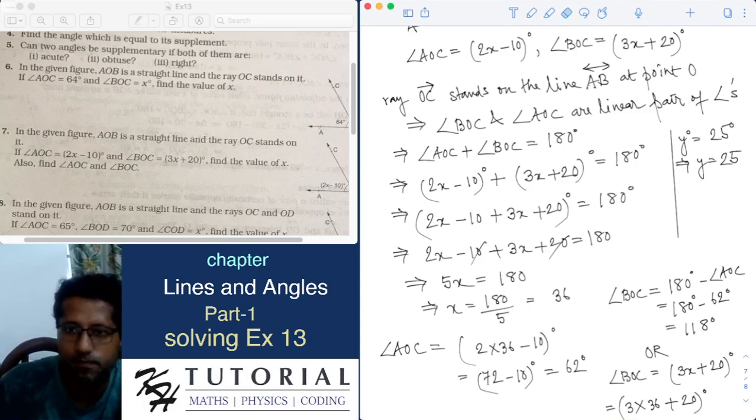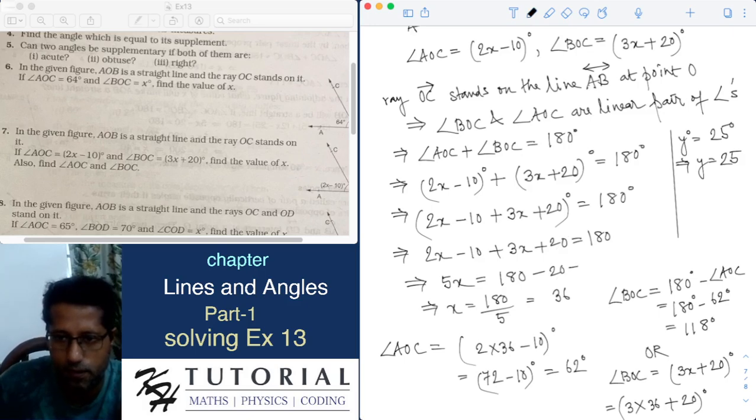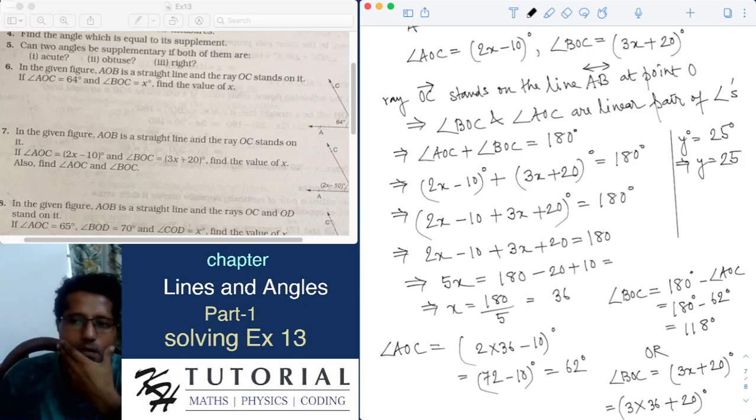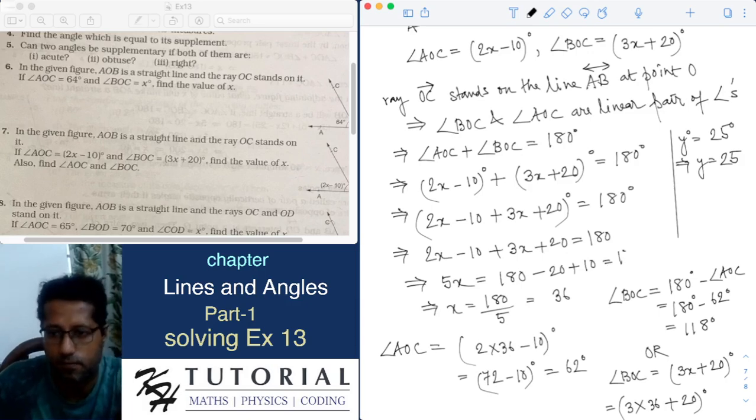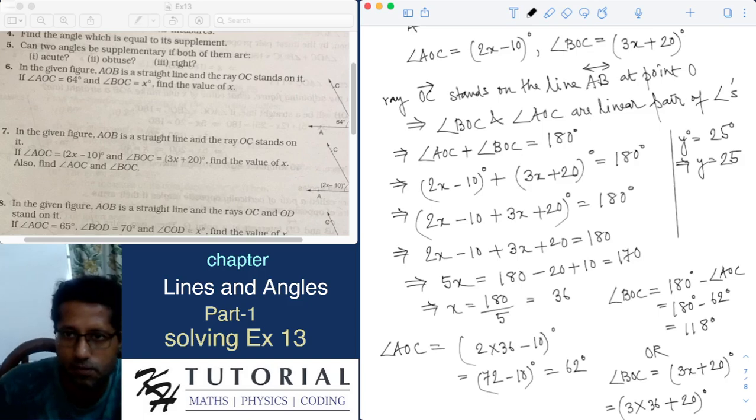So it will be 180 minus 20 plus 10. This is equal to 170. This implies x equals 170 divided by 5, which is 34.